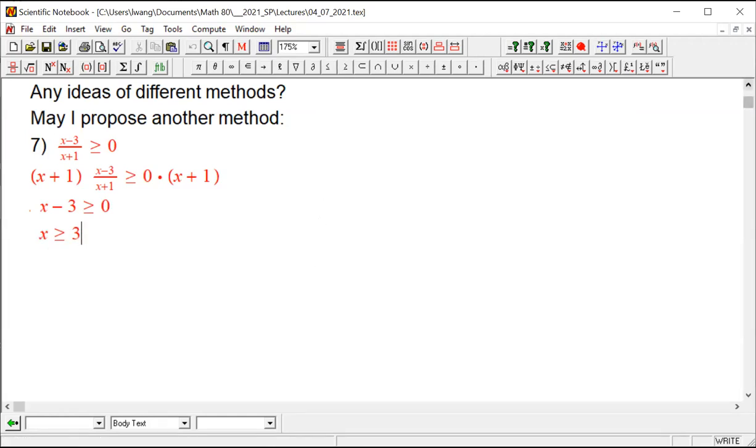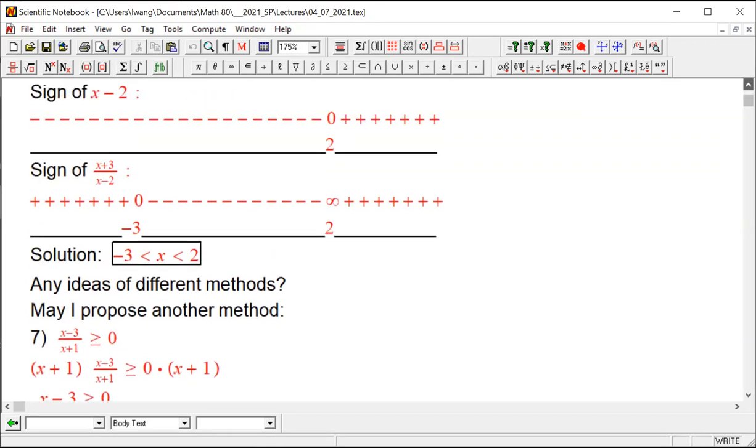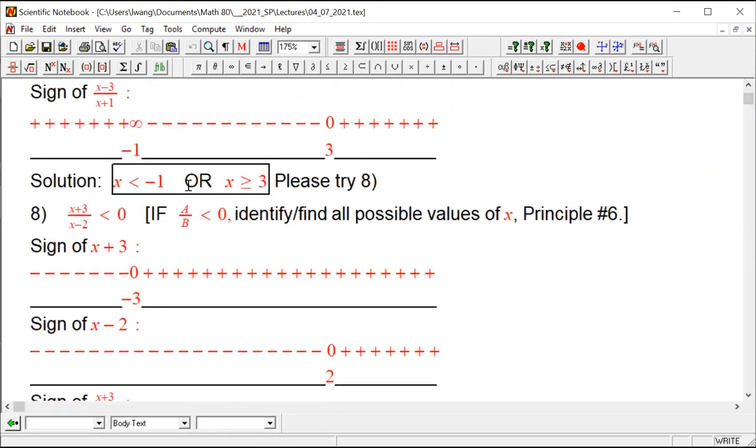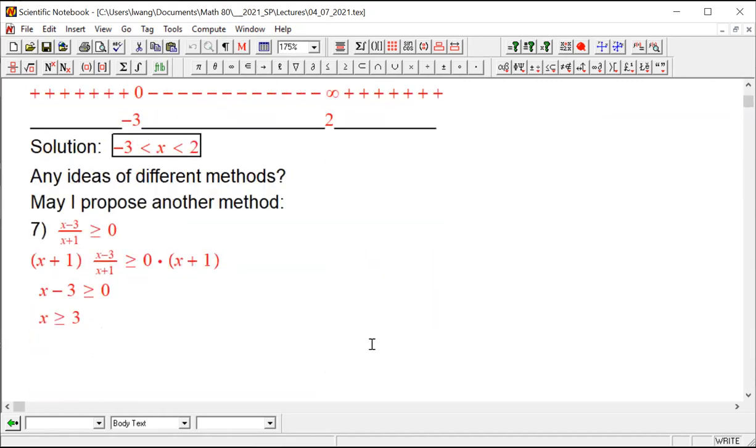The solution is slightly different from what we got there, right? What do you think of this method? Isn't this easier?